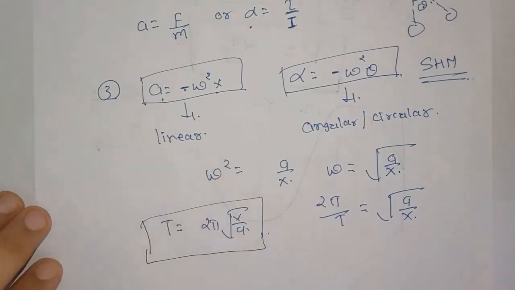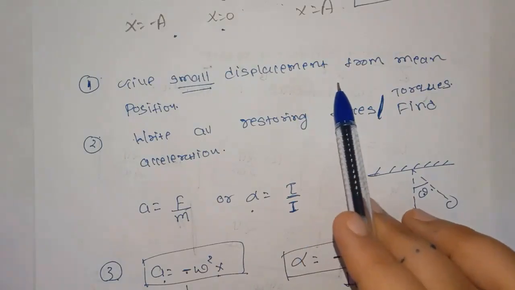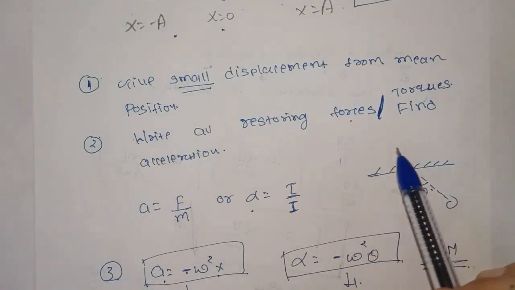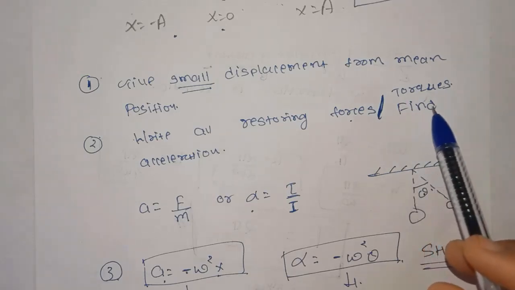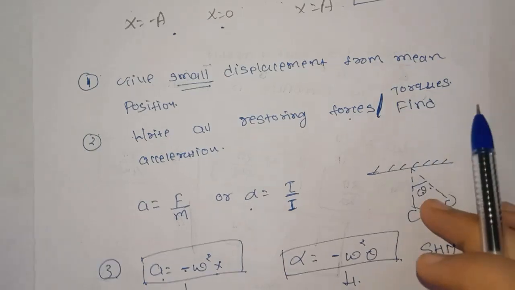So these are the simple steps from which we can check whether the given motion is SHM or not, and if it is SHM, we can find the time period. First, we have to give the small displacement from the mean position, then write all restoring forces in the case of linear motion and restoring torques in the case of angular or circular motion.